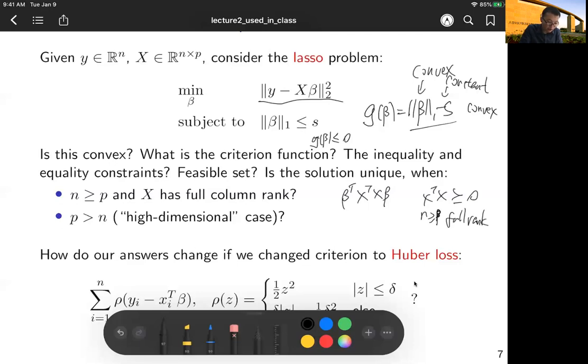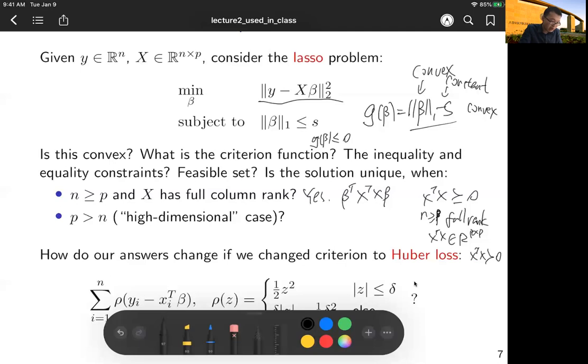That means every column of X is linearly independent, which says that this p by p matrix X transpose X is strictly positive definite. So yes, the answer is yes, it is unique.